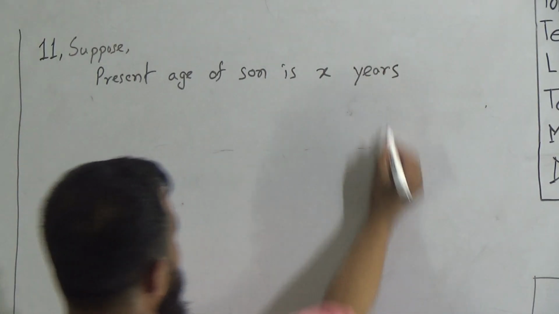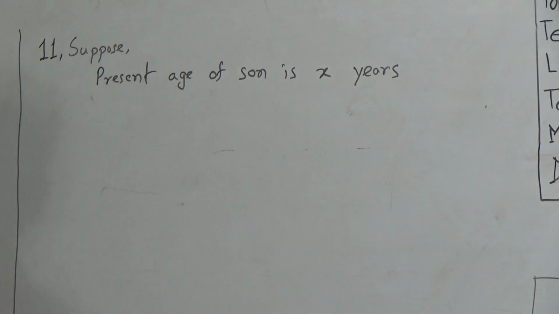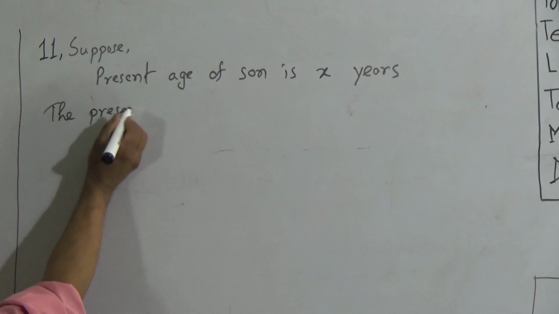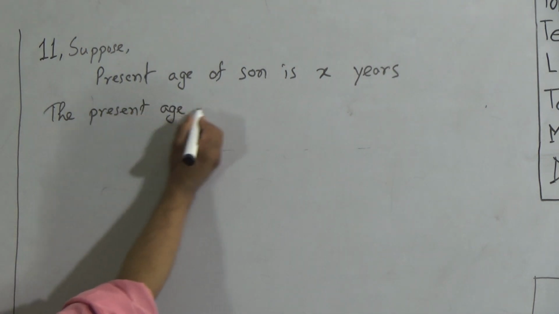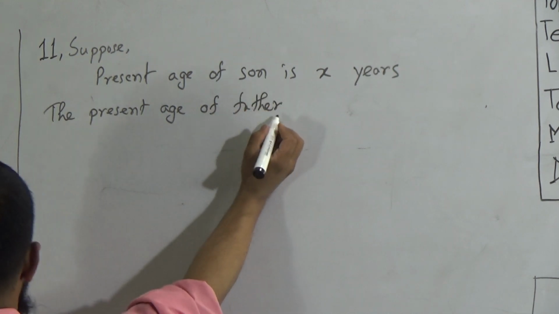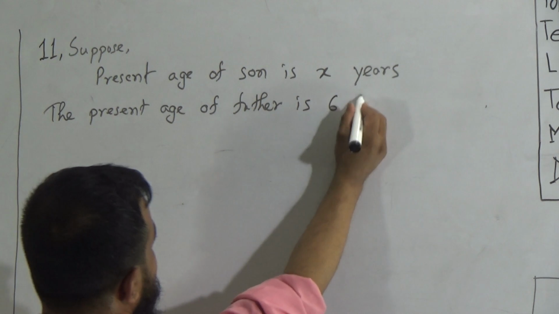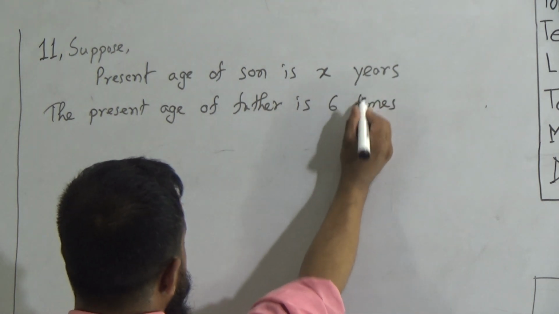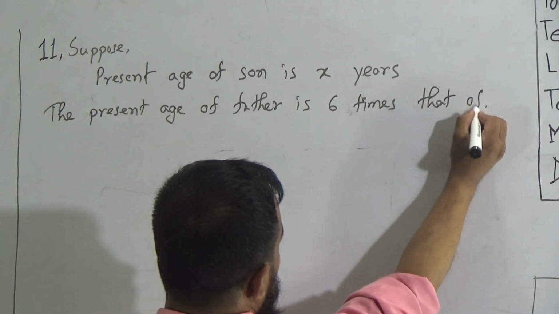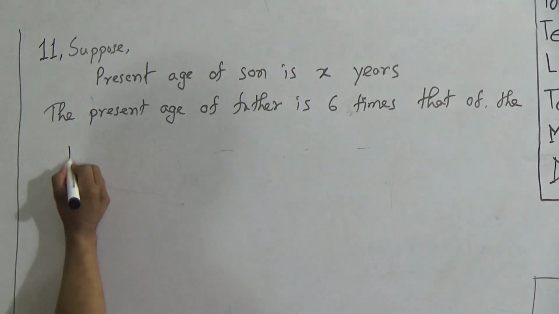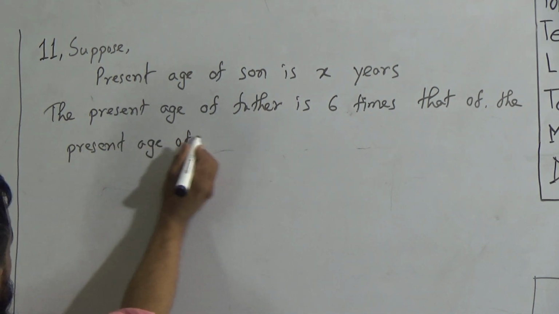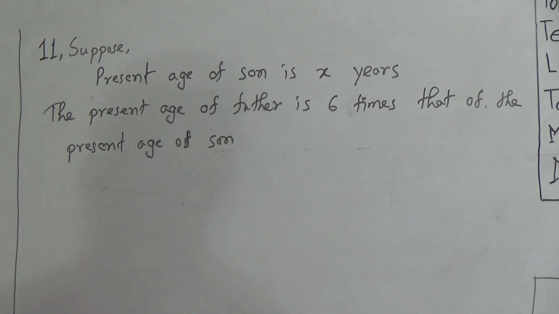Present age of son is x years, and the question says that the present age of father is 6 times that of the present age of son.